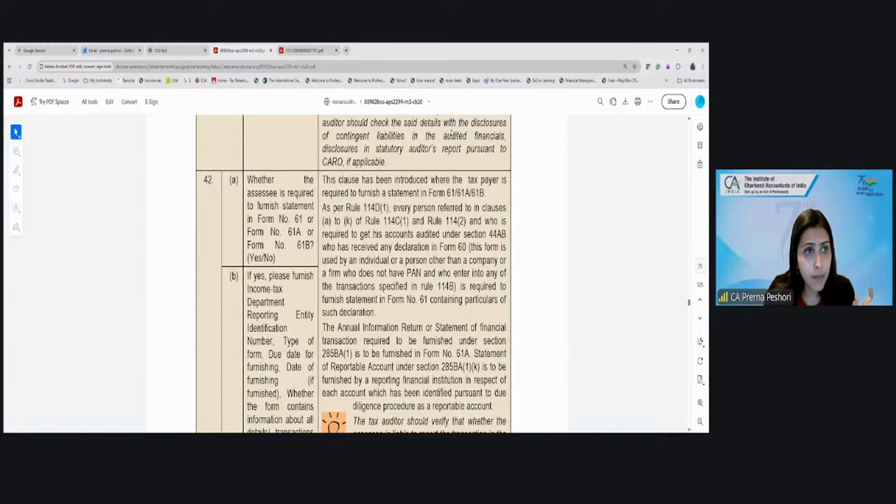But individuals who do not have a PAN, if they engage in any of the high value transactions, like opening up of a bank account, applying for a credit card, purchase or sale of motor vehicle, fixed deposits, buying, selling immovable property more than 10 lakhs, right?